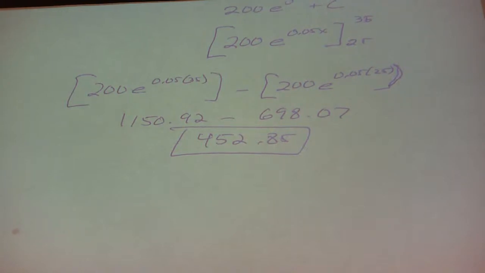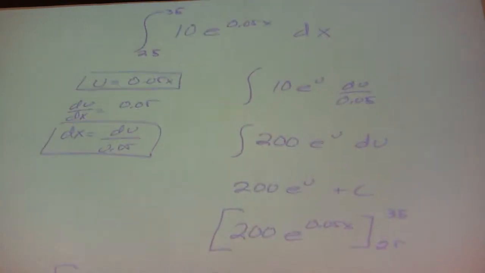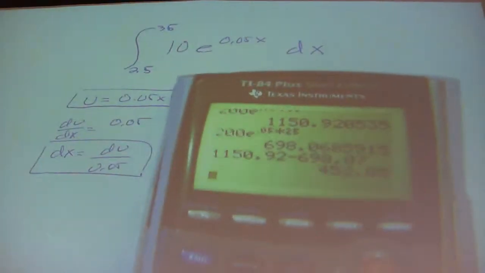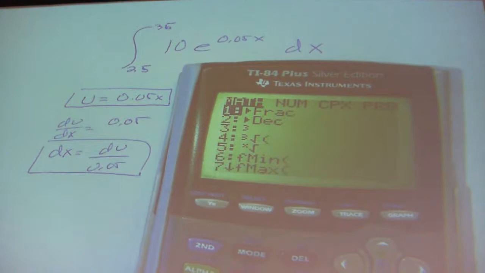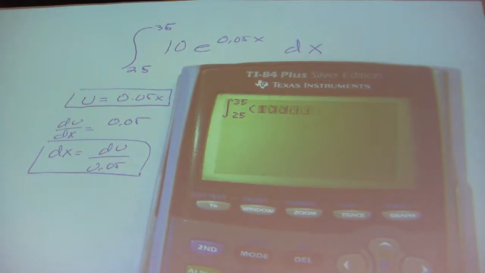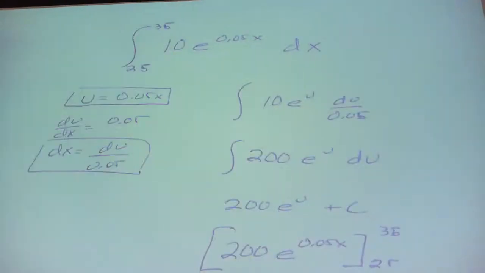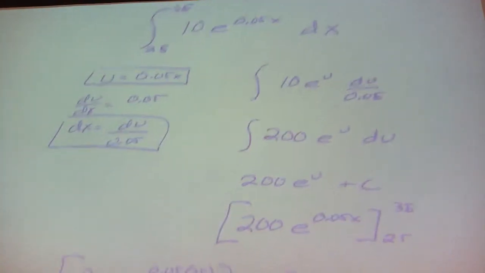To check it, we go back to the original. Math 9, 25 to 35, 10 e to the 0.05x dx, 452.85. Okay, so we just want to practice that. Make sure you have all your work.